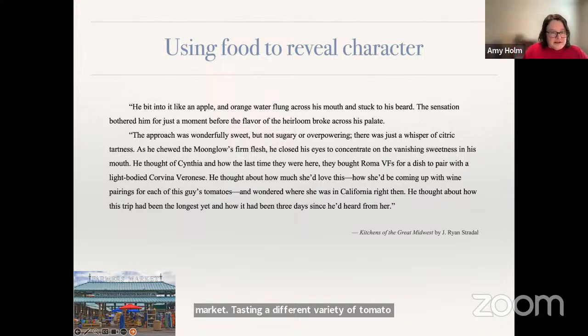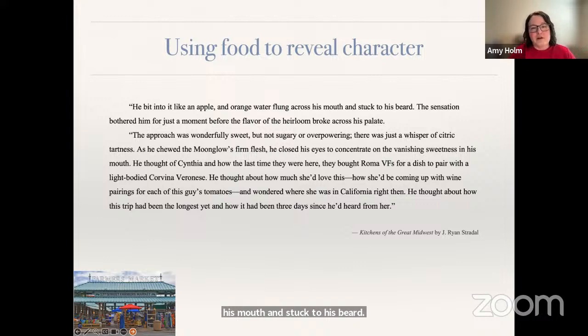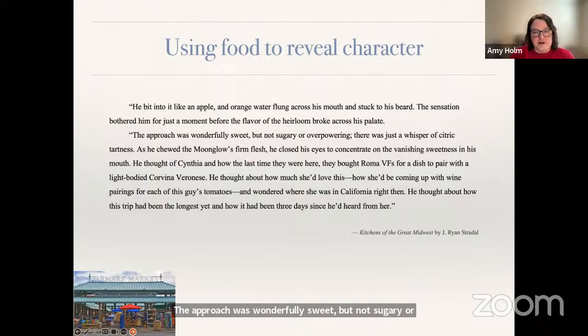He bit into it like an apple, and orange water flung across his mouth and stuck to his beard. The sensation bothered him for just a moment before the flavor of the heirloom broke across his palate. The approach was wonderfully sweet, but not sugary or overpowering. There was just a whisper of citric tartness.